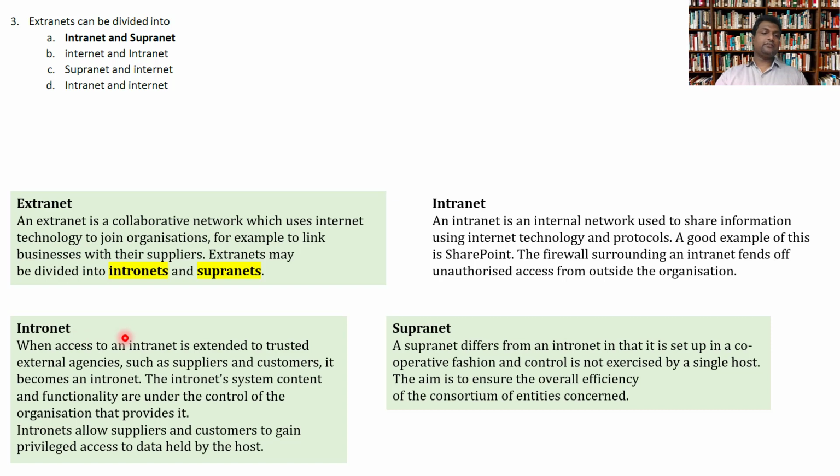So this can be given access to our external agencies who are working with us, the suppliers, or even the customers can log into our system and do certain tasks in the system. So in the extranet, this portion we call intranets. Right. Now then there's another part of this, called supranet.